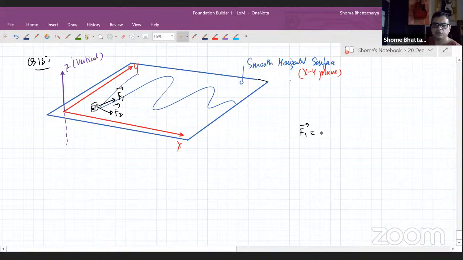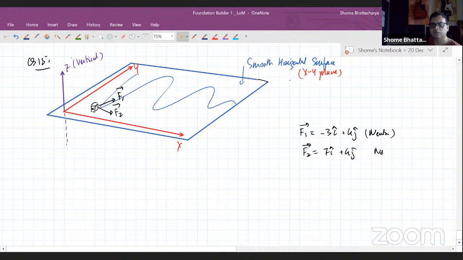But they are horizontal. So the first force is -3i cap plus 4j cap in newtons, and the second force is 7i cap plus 4j cap, again in newtons.